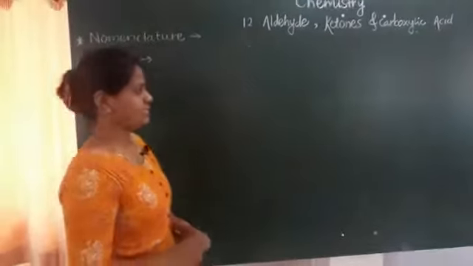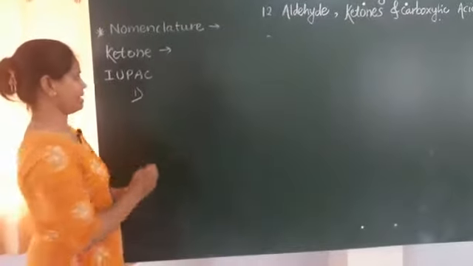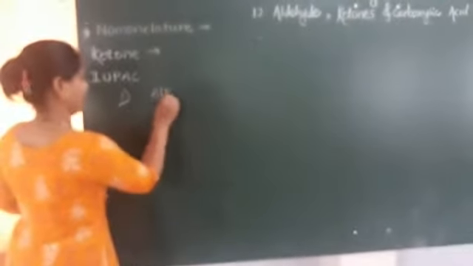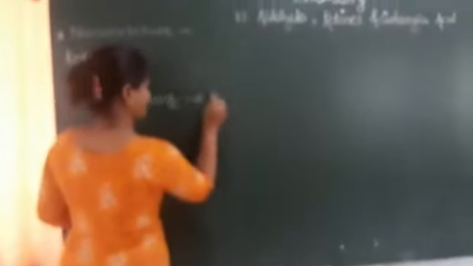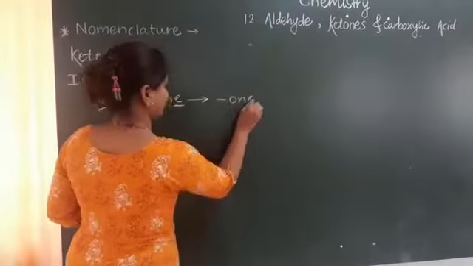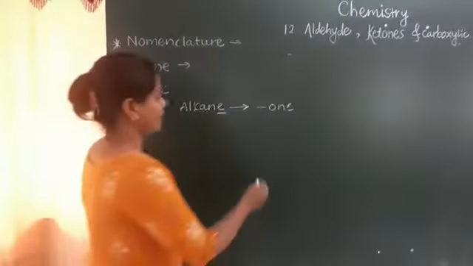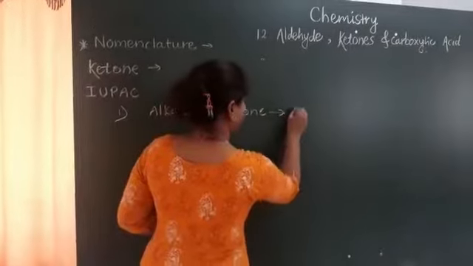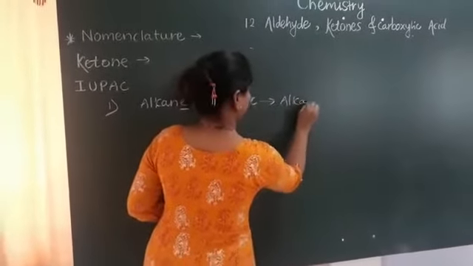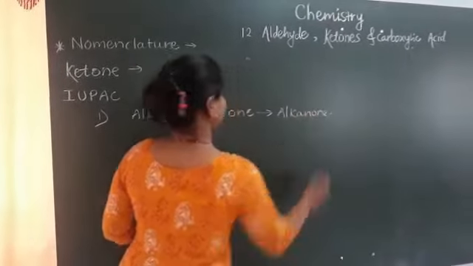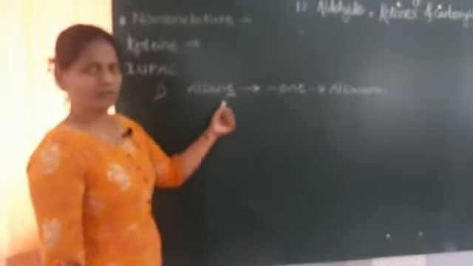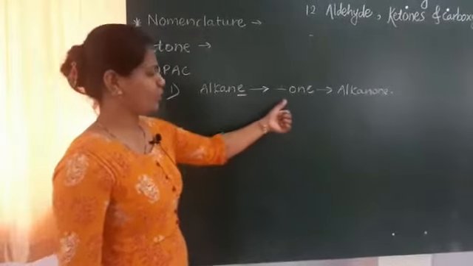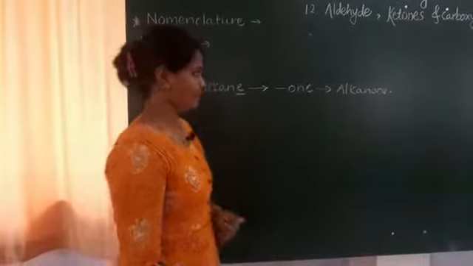The first rule is, in the parent root word alkane, the E is replaced with ONE, and the name will be alkanone. For example, suppose 3 carbon atoms are there, then the name is propane. From propane, E is replaced with ONE, then the name is propanone.